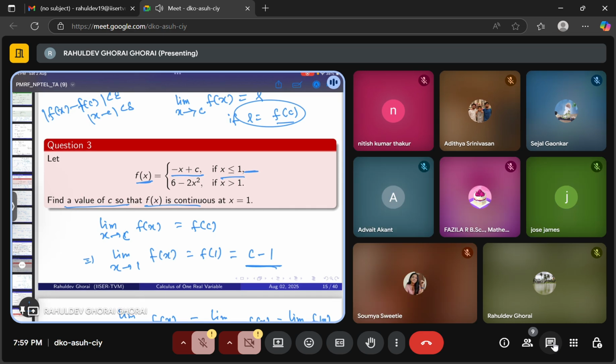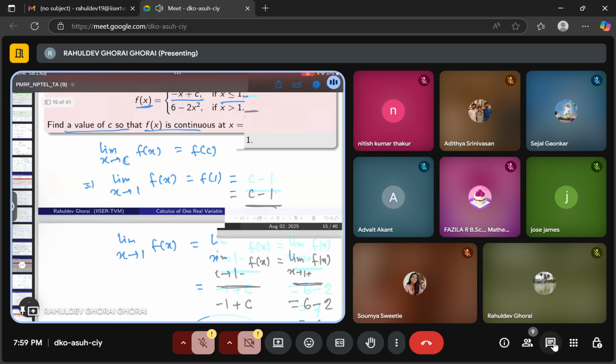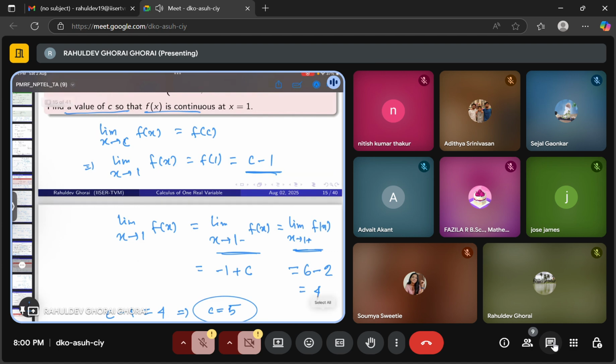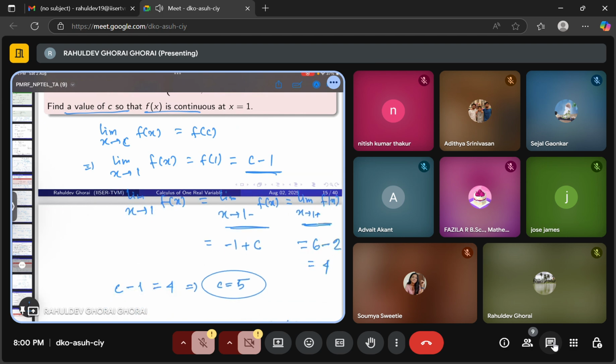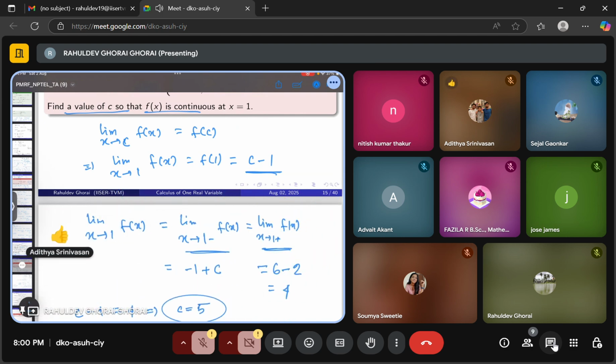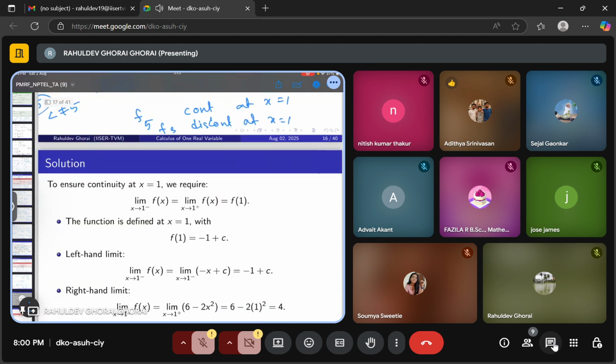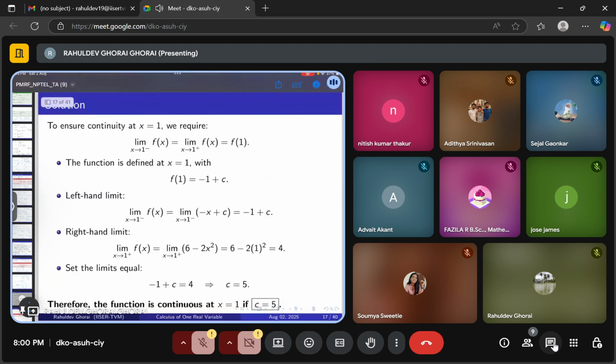Okay, Advait says this is okay. But only he says okay, which does not imply everyone is okay. So all of you can tell whether it is okay or not, whether I should go through. You can also tell, this answer is also written like this, so nicely written.